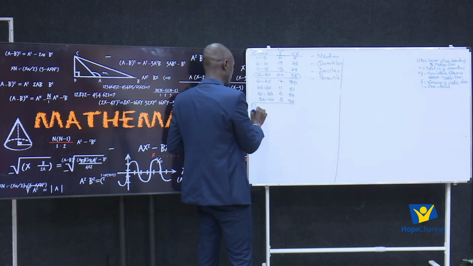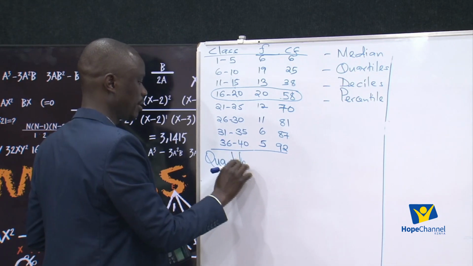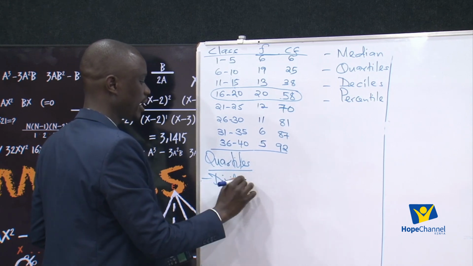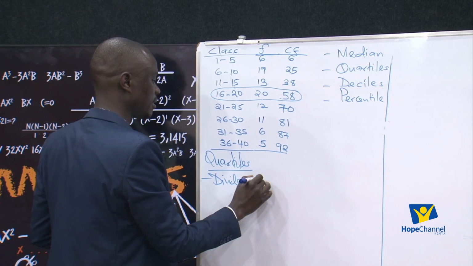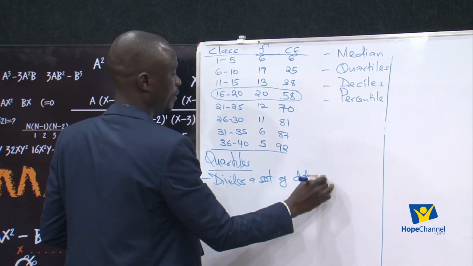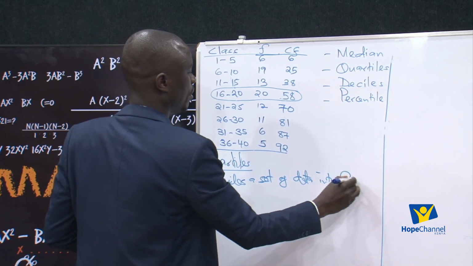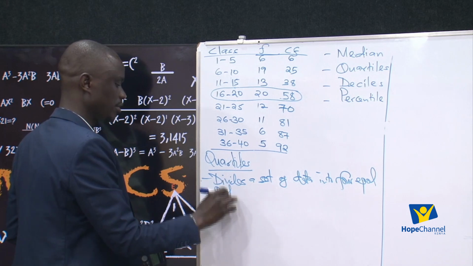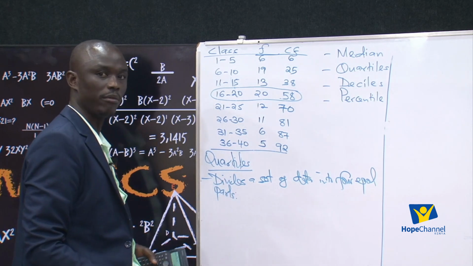So let me just write here, quartiles. A quartile divides a set of data into 4 equal parts.